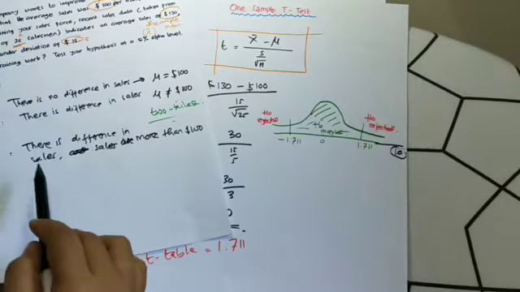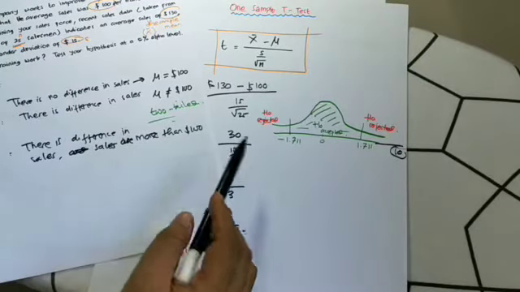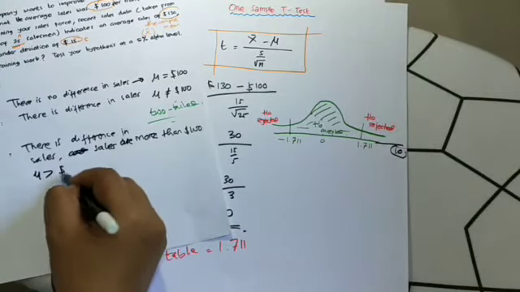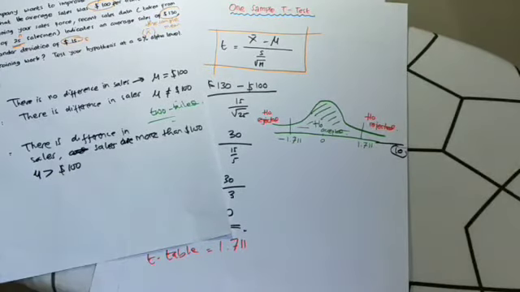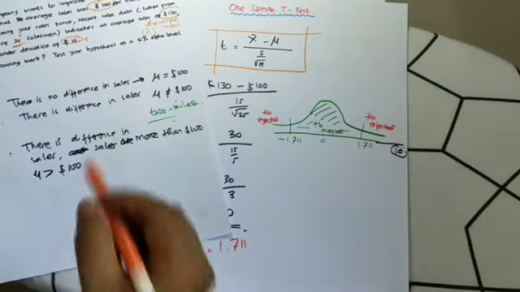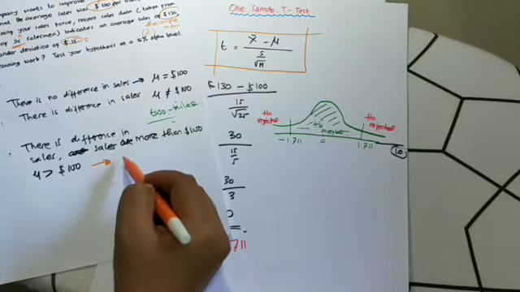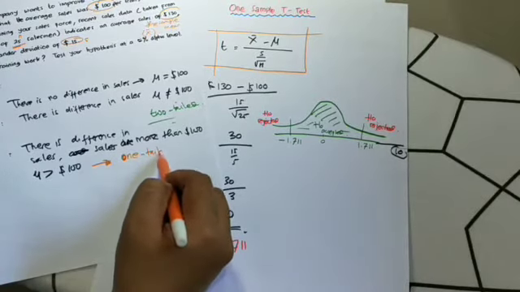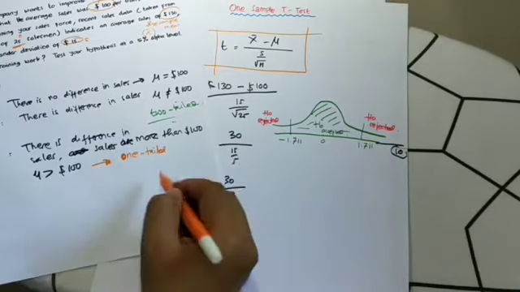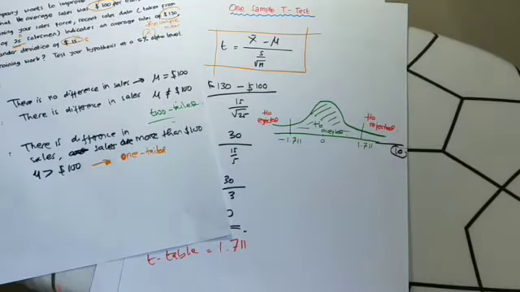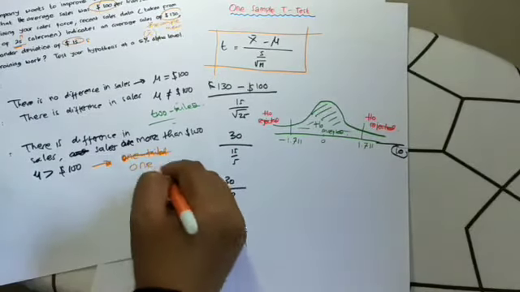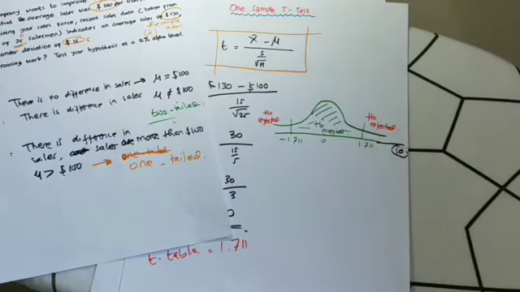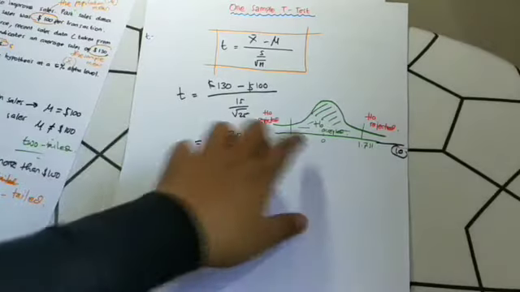There is difference in sales. Sales are more than $100, or the mu is bigger than $100. This hypothesis is called a one-tailed hypothesis. One-tailed. Sorry for my bad writing. Okay.